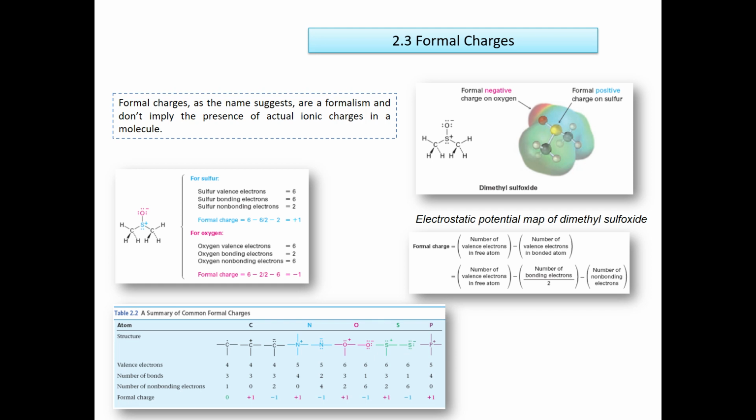For example, in dimethyl sulfoxide, this sulfur-oxygen bond is highly polarized, where the oxygen has a huge electronic density and the sulfur has by far less electronic density.